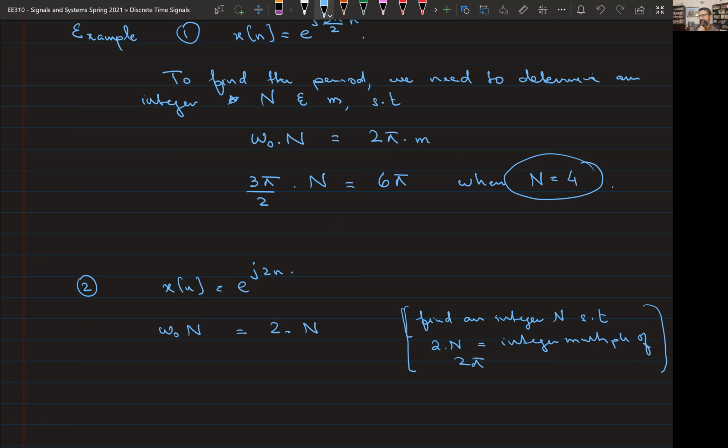That's exactly true. There can never exist an integer capital N such that when you multiply, you can never have two integers multiply together and get something which is an integer multiple of pi. Why? Because pi is irrational. Pi can never be represented as a ratio of two integers. So our conclusion is such an n does not exist.